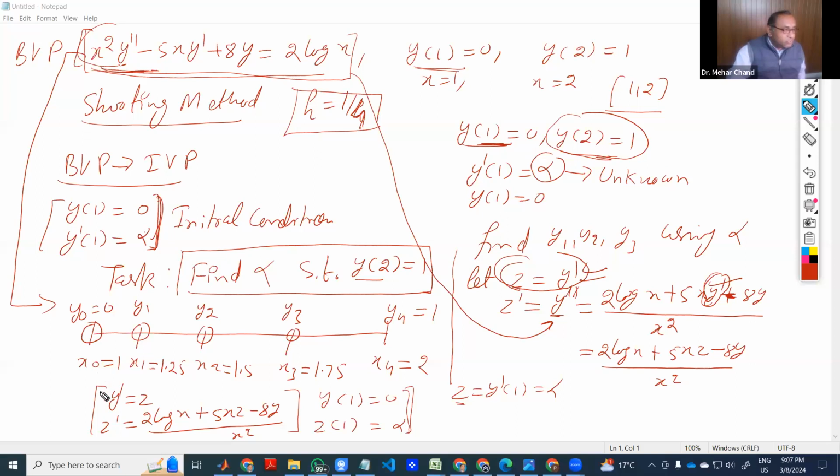Now we need to solve this system of equations, and for that we have ode45. ode45 is an inbuilt function in MATLAB which we can easily use to find the solutions of a system of equations with the initial conditions.